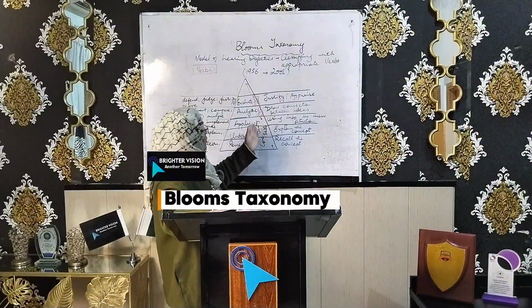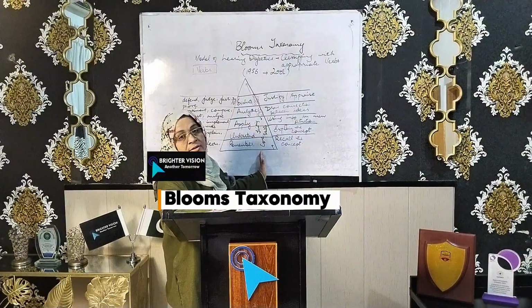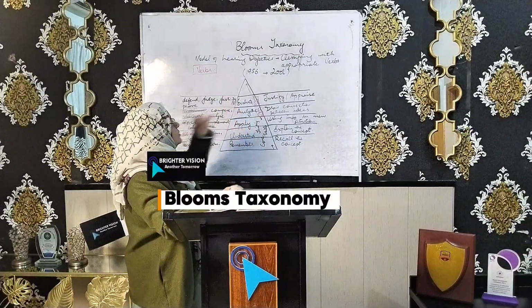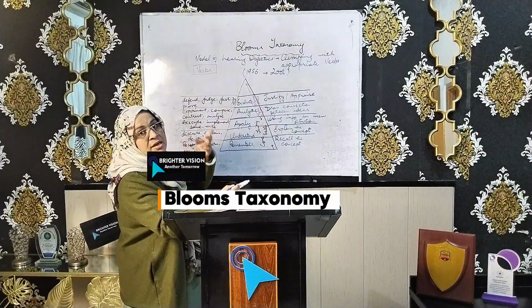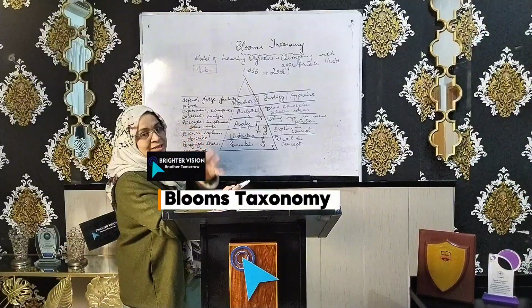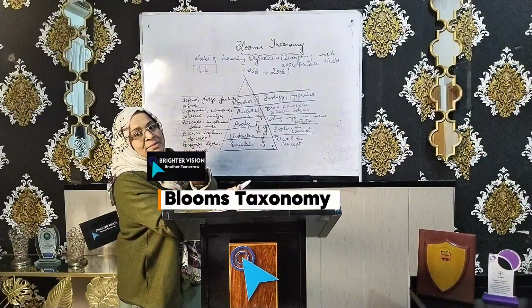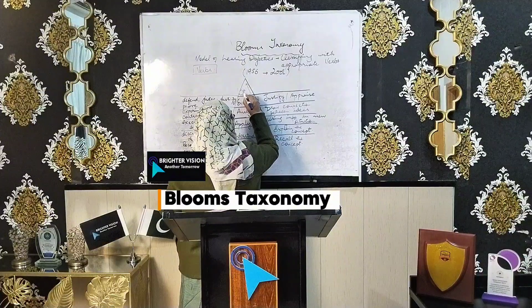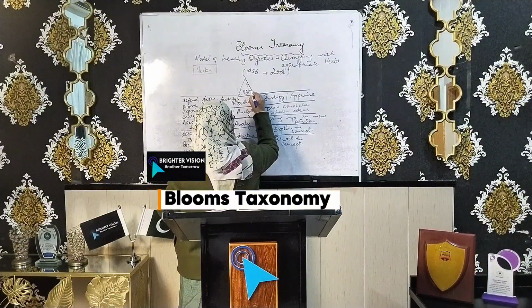Last but not the least, as always, if we have done all these steps with some student, where should we reach? We need to reach the place where we may make new theories like Benjamin Bloom did. We must be able to create.